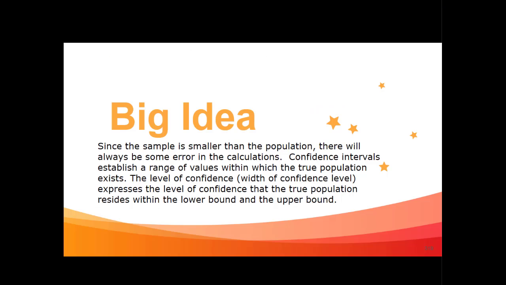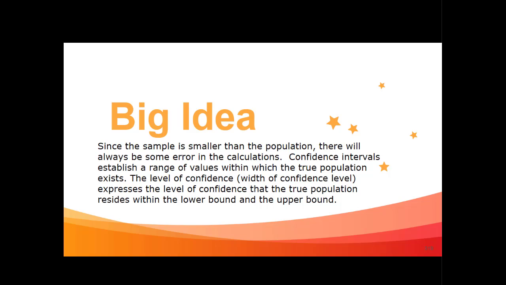So what's the big idea? Same as last lecture. Since the sample is smaller than the population, there will always be some level of error in the calculations. Confidence intervals give you the opportunity to establish a range of values within which you have some degree of certainty that the true population proportion exists, or the true population parameter exists.